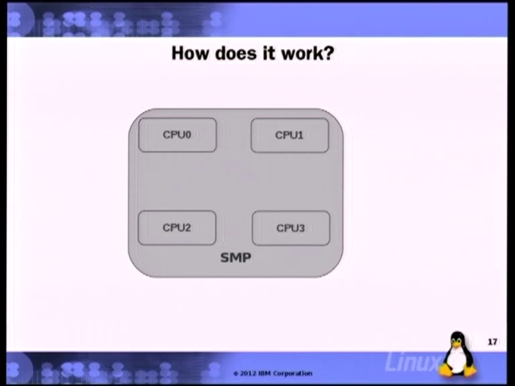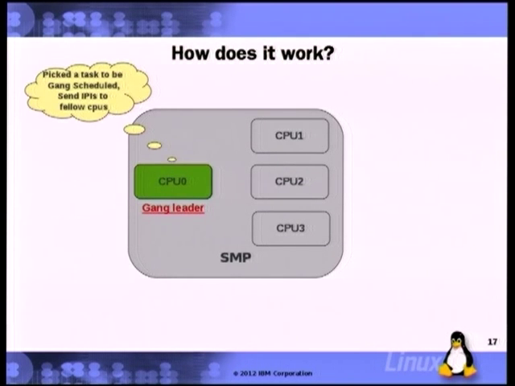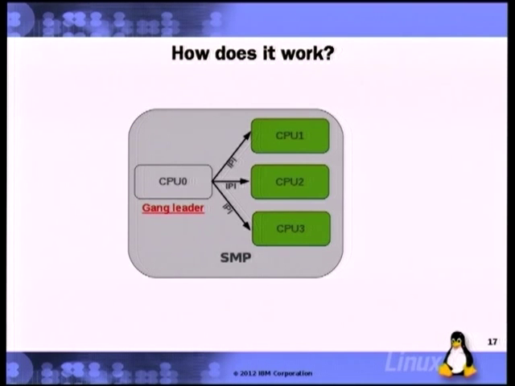We call it the gang leader. In this case we select CPU 0 as the gang leader. Whenever a task is picked on CPU 0, it checks whether this task has to be gang scheduled. There is a flag which it checks. If it is set, it sends IPIs to its fellow CPUs, CPU 1, 2, and 3.